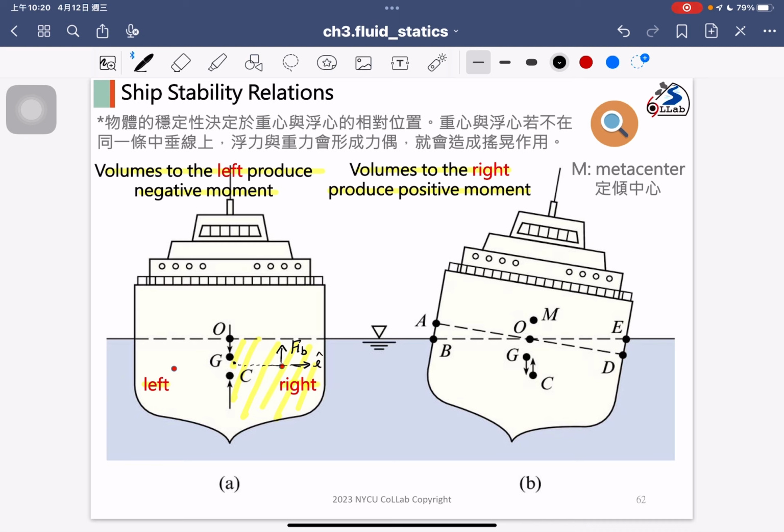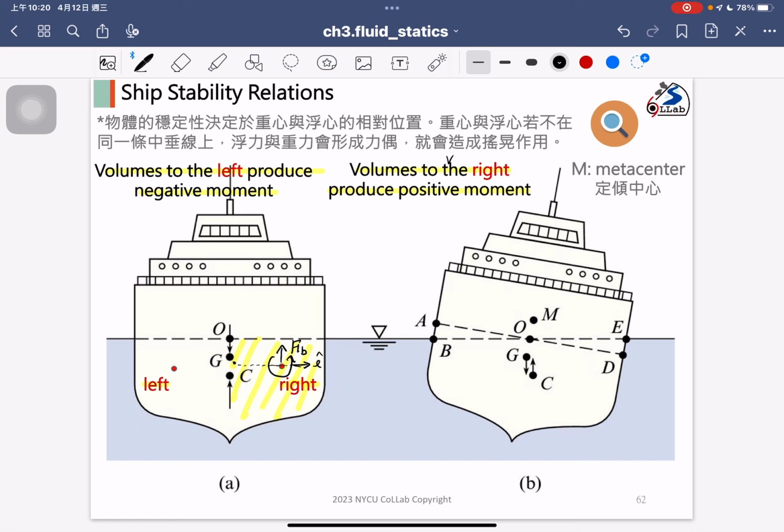If the length direction crosses the buoyant force, using your right hand, you will have a counterclockwise rotation, and counterclockwise rotation is the positive moment. So you can understand why I say the volume to the right will produce the positive moment.